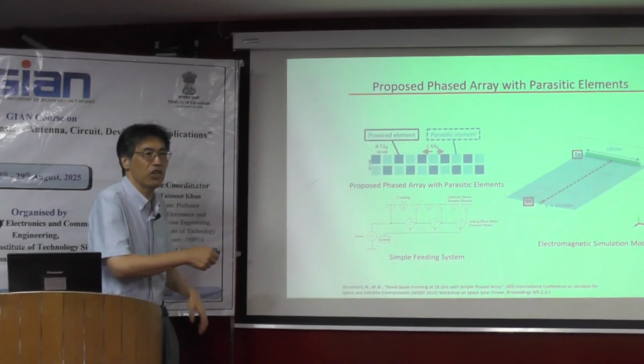Sir, this proposal will increase the cost compared to if we are using parasitic? No. In this case, the cost is the same as the phased array antenna with grating lobe and low beam efficiency, because we only add metal. Usually we use the phase shifter, amplifier, etc. in each antenna, as I mentioned.